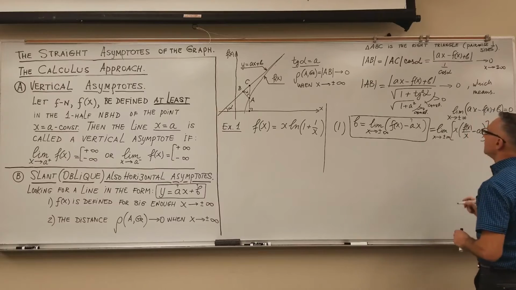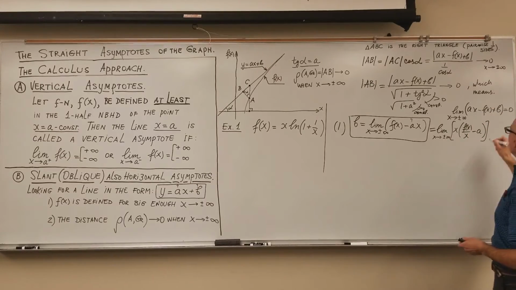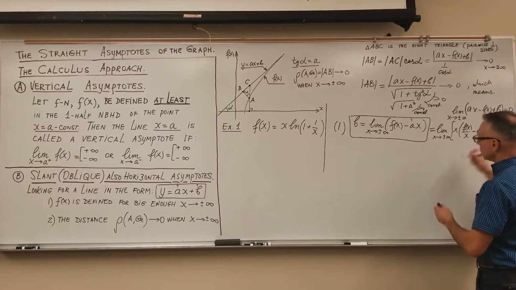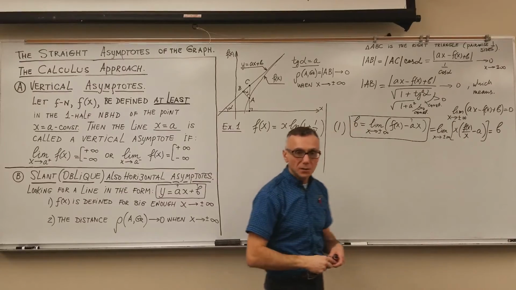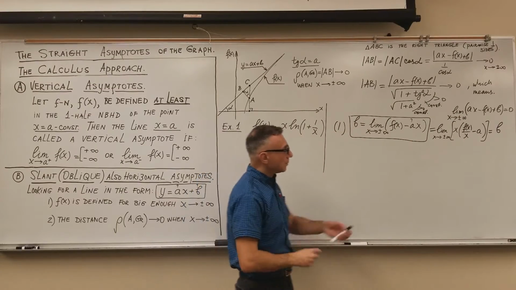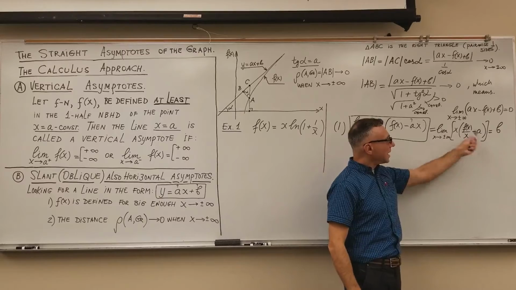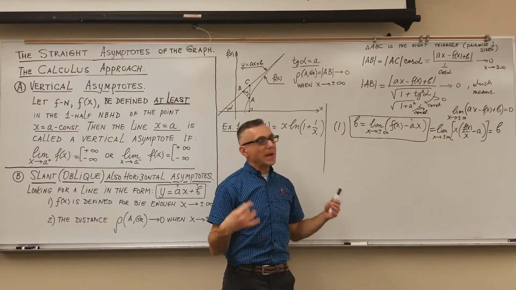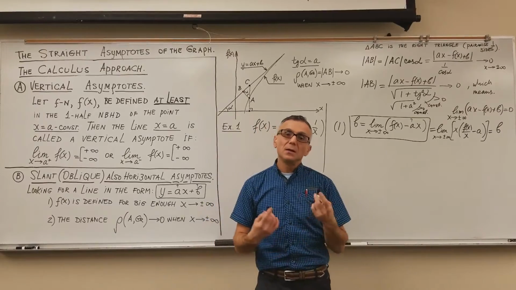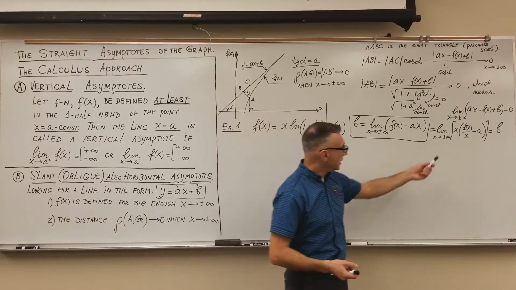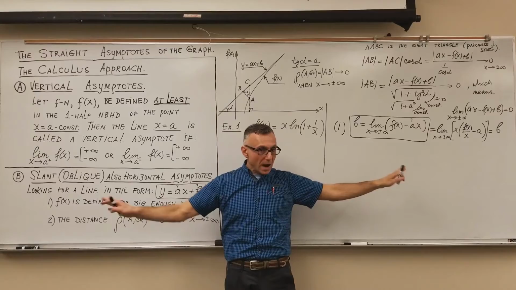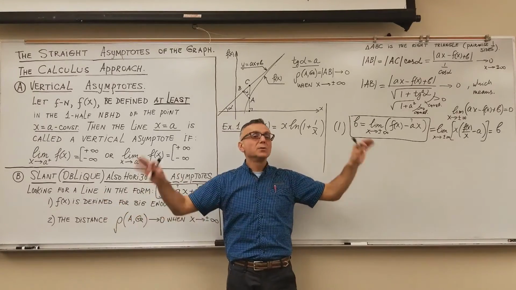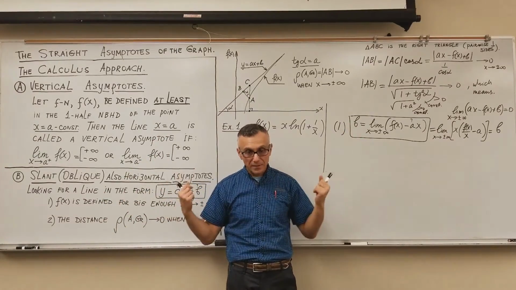And that limit is equal to b, my intercept. Now a is separated here. I can divide both parts by x. x is a non-zero value, since it's approaching plus or minus infinity, so I can divide both parts by that value.